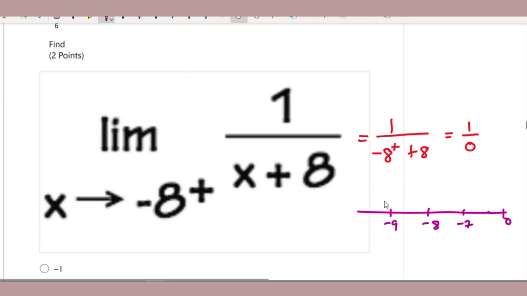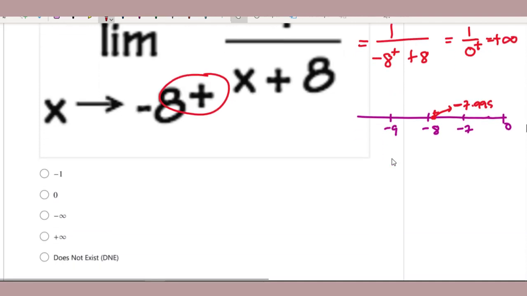So negative 8 from the right means numbers like negative 7.999. Negative 7.99 plus 8 is positive, so we get 1 over positive 0, that is infinity. The answer is positive infinity.